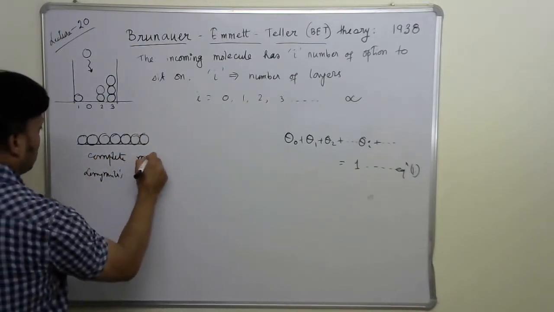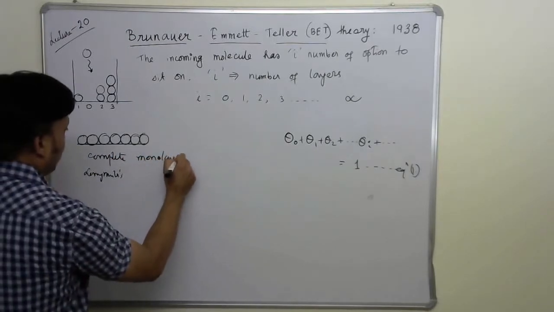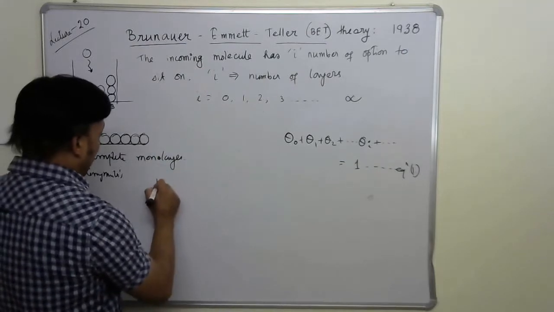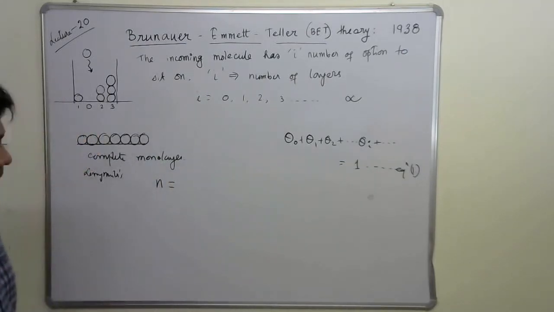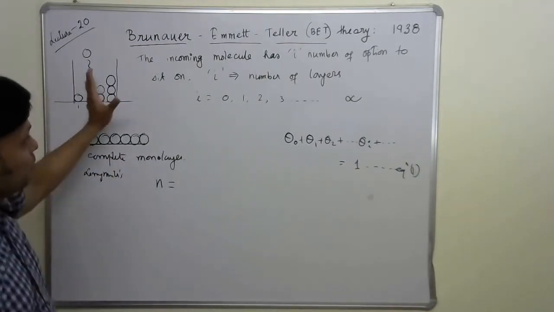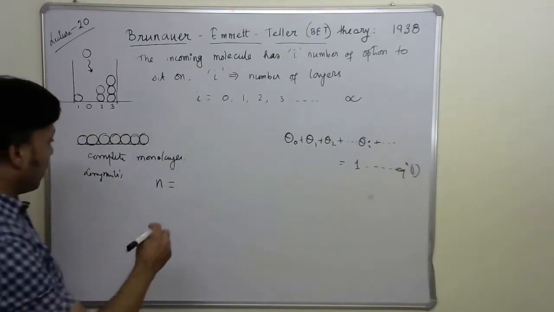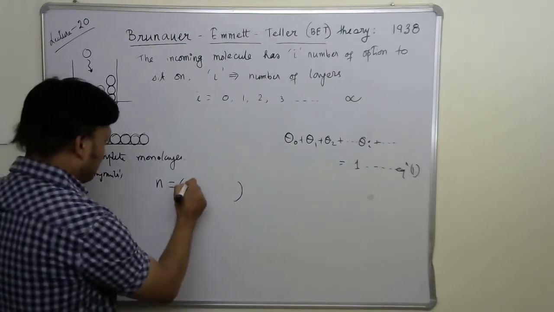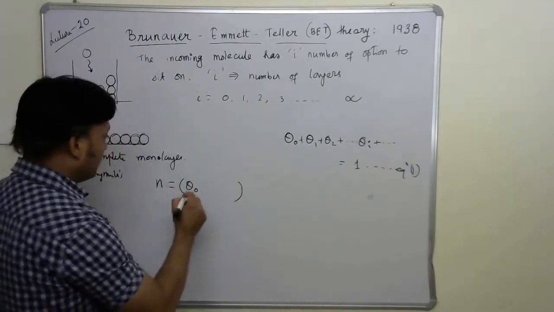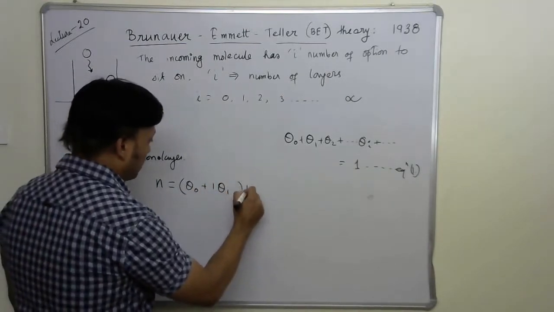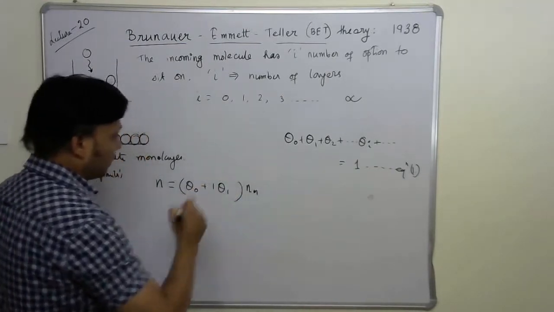So how can I find the expression for N, the number of molecules required to have the complete coverage? According to the BET model, we can express this number N as theta 0 plus 1 times theta 1, multiplied by Nm.